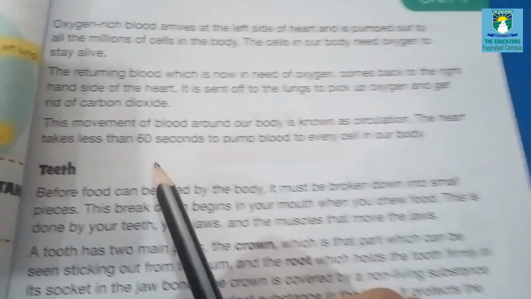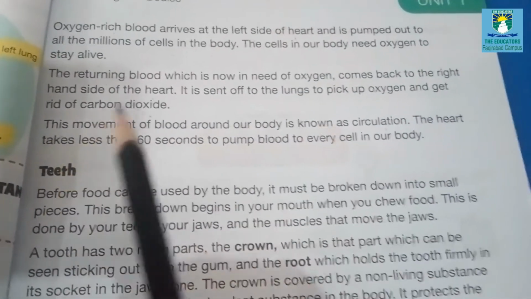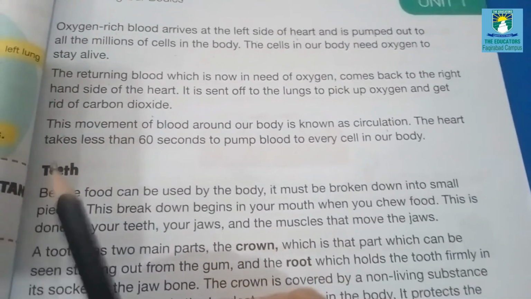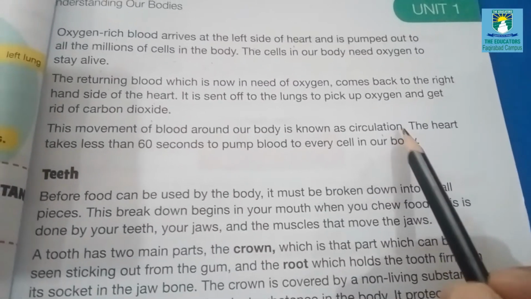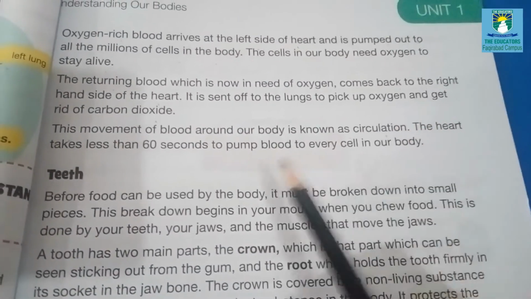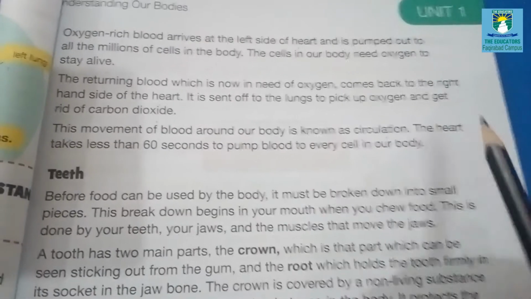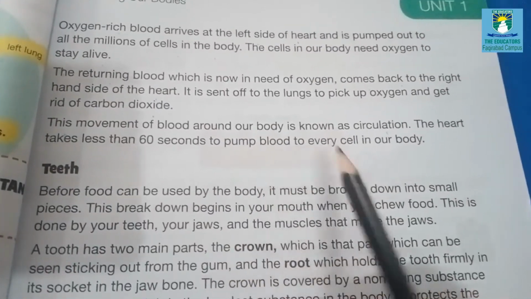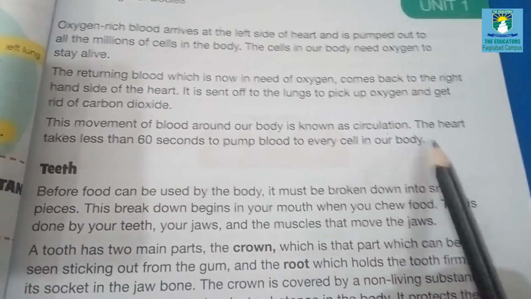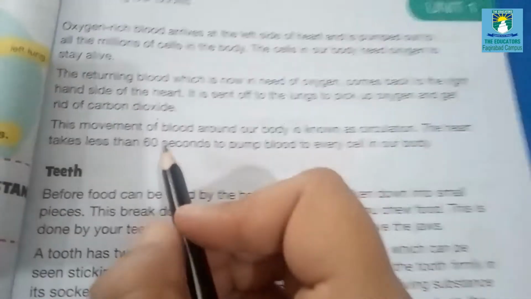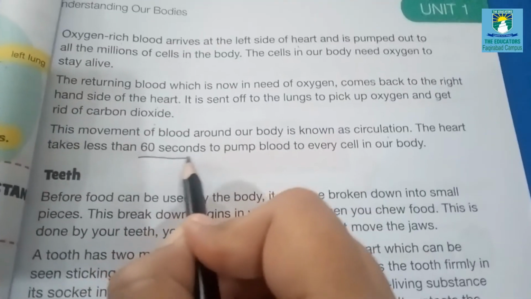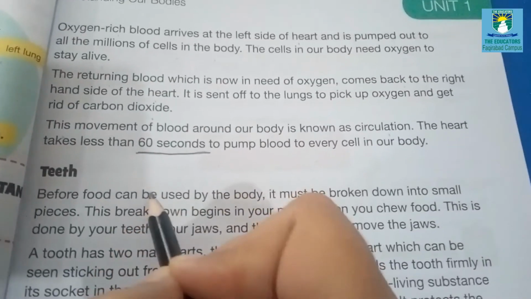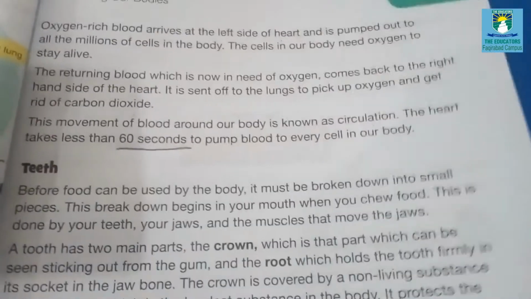When the heart pumps the blood, and the oxygen and carbon dioxide are exchanged, it is called circulation. The heart takes less than 60 seconds to pump blood to every cell in our body. How much time can it take? It's 60 seconds.